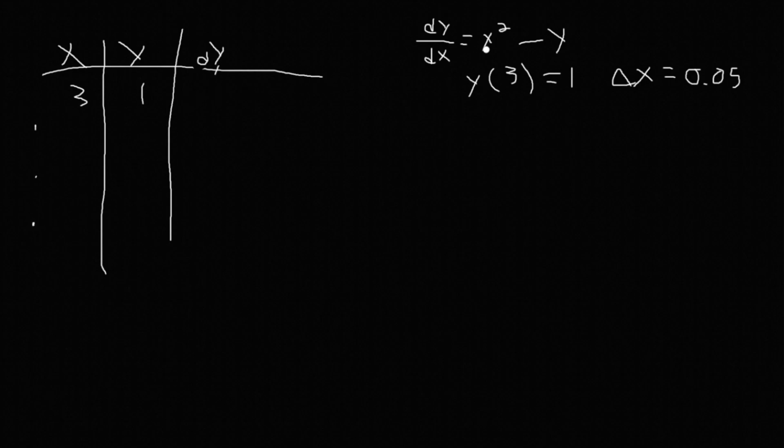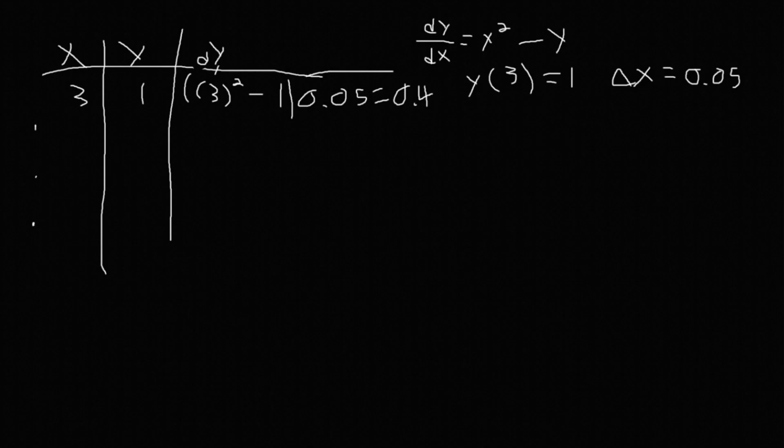So this is x squared, which is 3 squared, minus 1, and then we're going to multiply by 0.05, which is our delta x. So this value is 0.4.